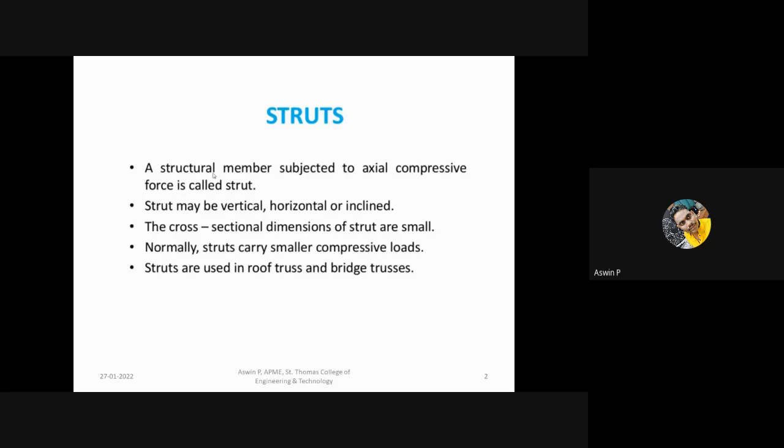Normally, it can carry smaller compressive loads.